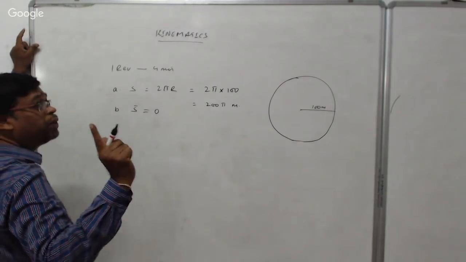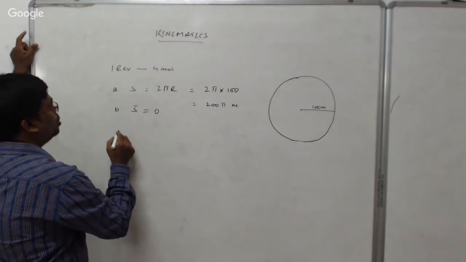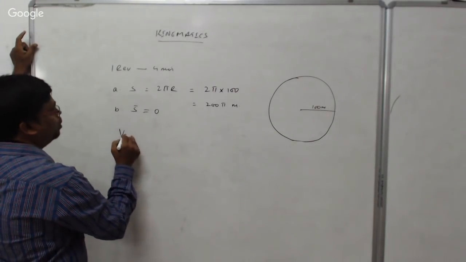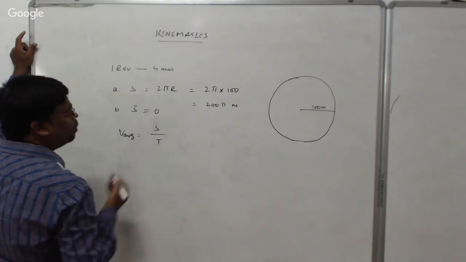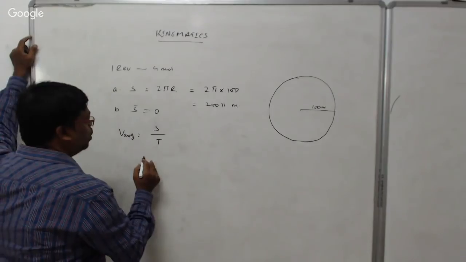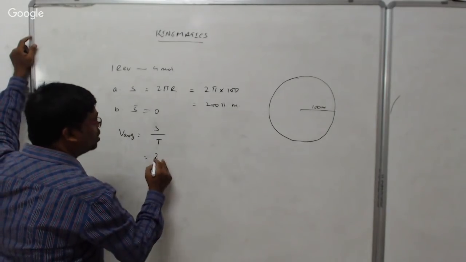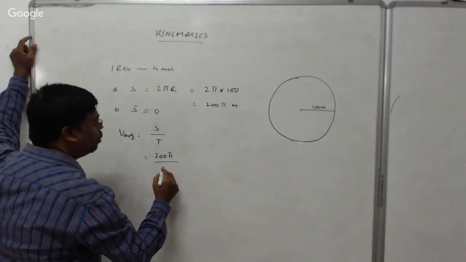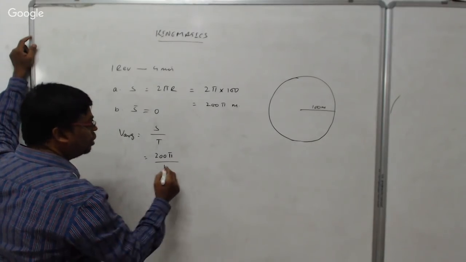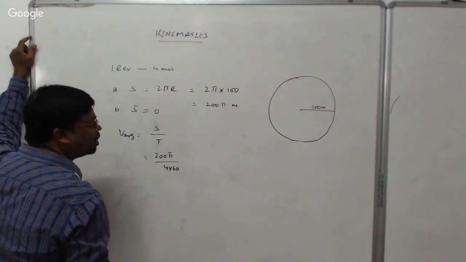Now, average speed and average velocity. So, average speed. V average is equal to total distance by total time. That is equal to total distance 200 pi by what is the time? In 4 minutes, 4 into 60 seconds.